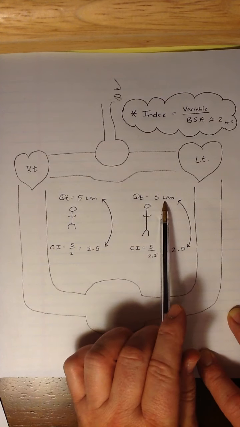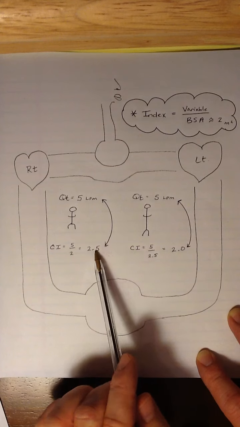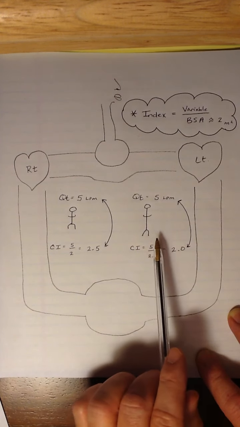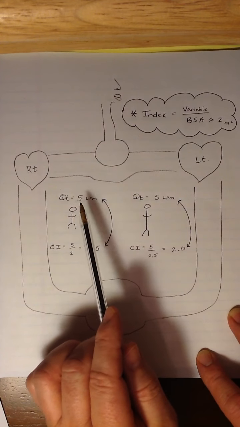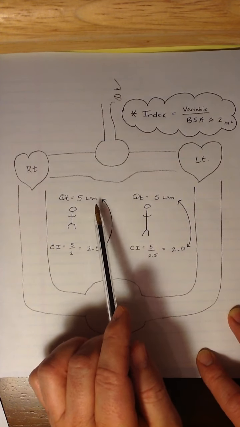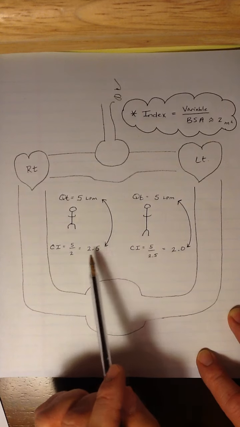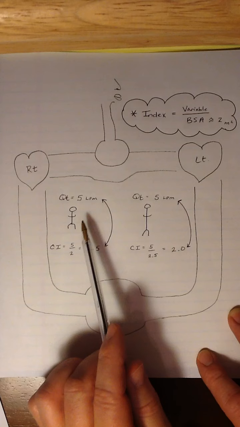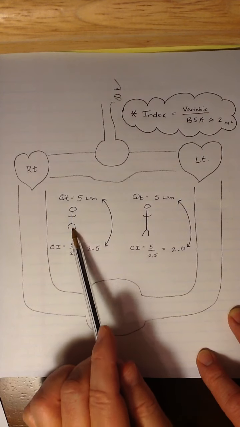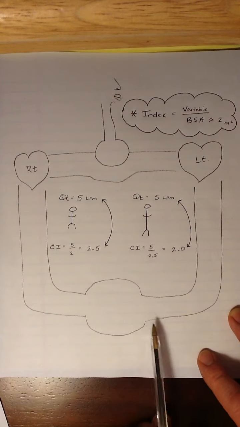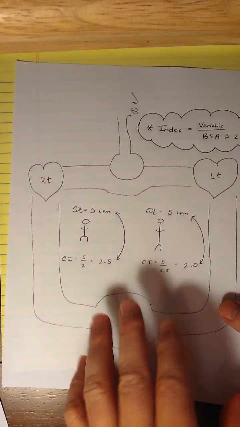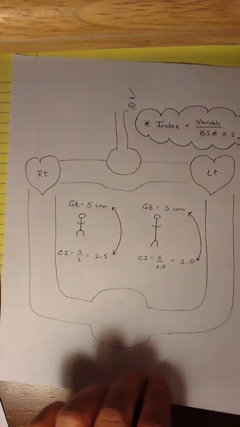Even though these two people have the same cardiac output, they have differences in their cardiac index, which again is more relative to their size. So even though we talk about cardiac output a lot more, it's actually more valuable to look at that cardiac index, because that tells you how well that patient's cardiac output is matching the metabolic demands of that particular size patient. Again, we'll cover this later in an upcoming unit, but this is just to remind us of that type of information.